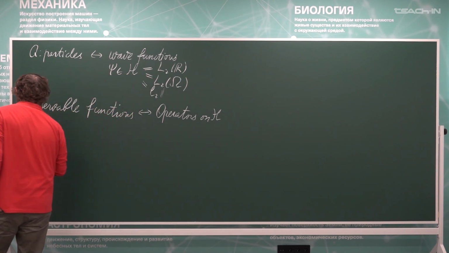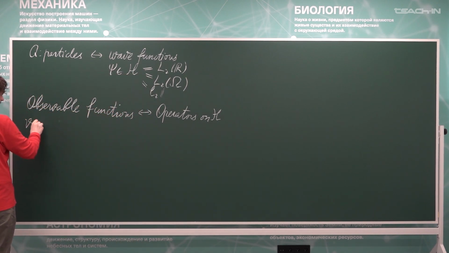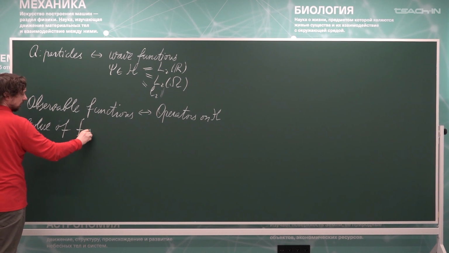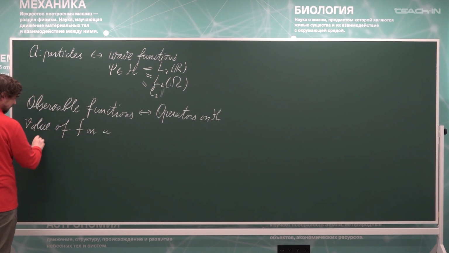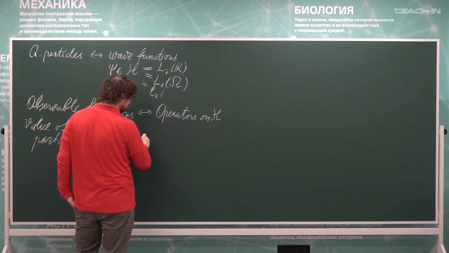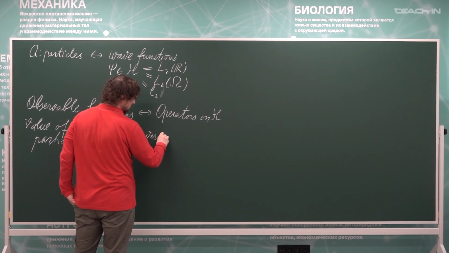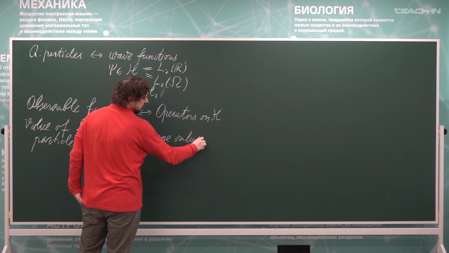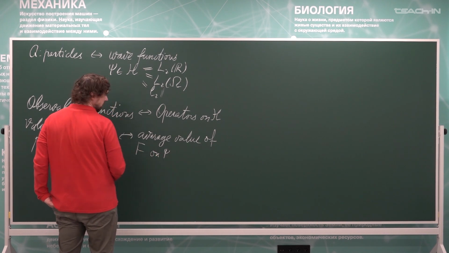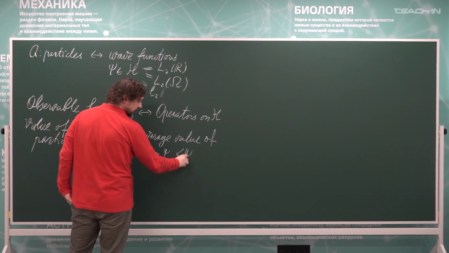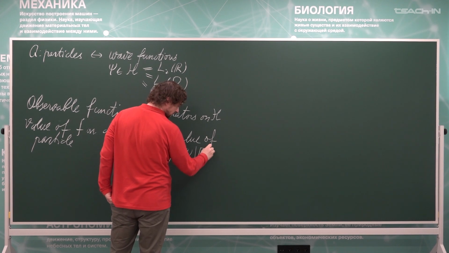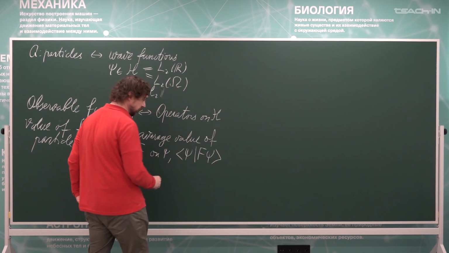So that the value of the observable function on a particle is replaced by the average value of observable operator f on psi, which is equal to the following scalar product. Let me put it in a more mathematical way.